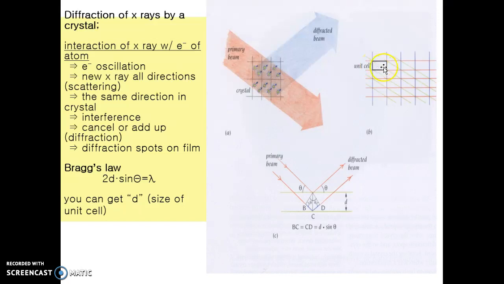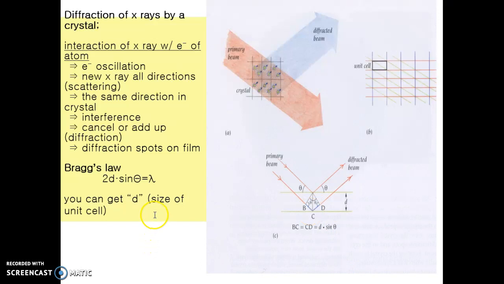The diagram shows in 2 dimensions 3 simple sets of parallel lines: red, blue, and green. By using any of these lines, we can apply Bragg's law.